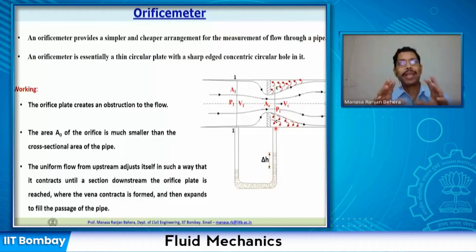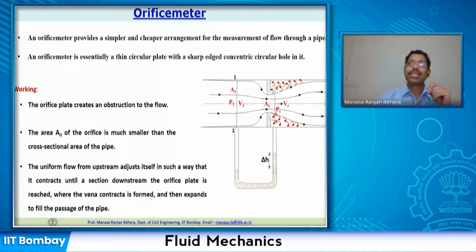That is where the vena contracta is formed, the section with the minimum area. As I said, the flow is not going to stop converging at the orifice or at this edge. It will continue for some distance, and the minimum area will be found at some distance downstream of the orifice.